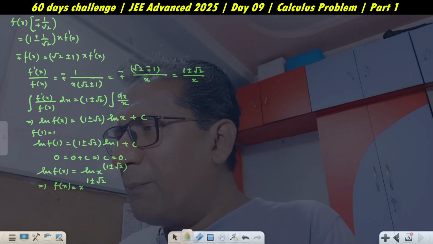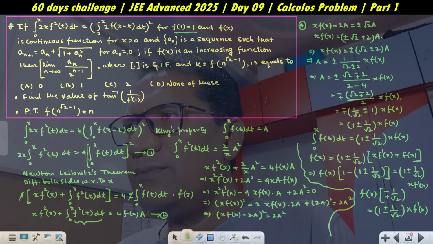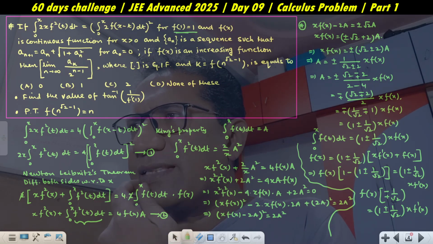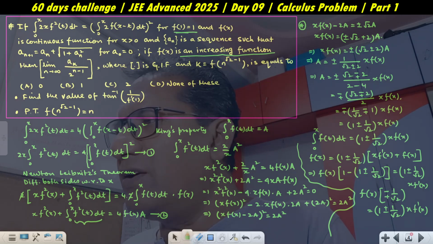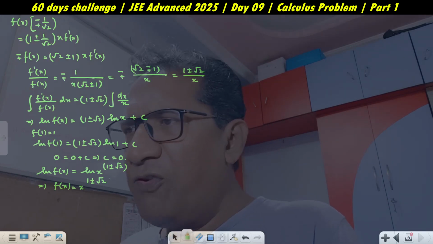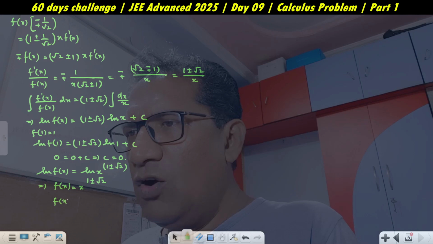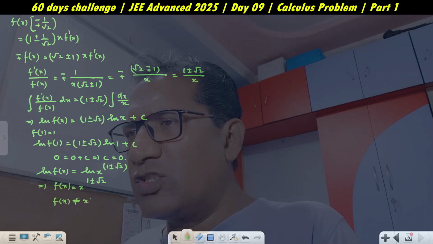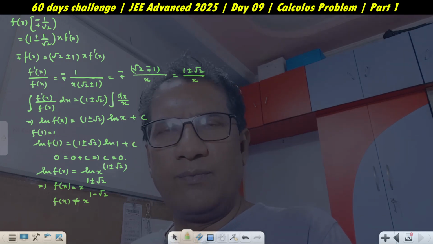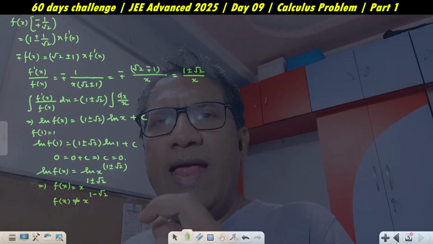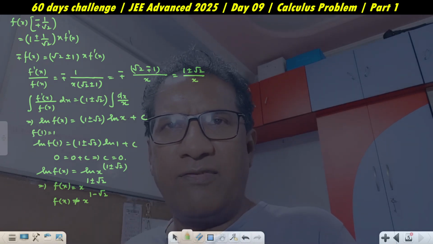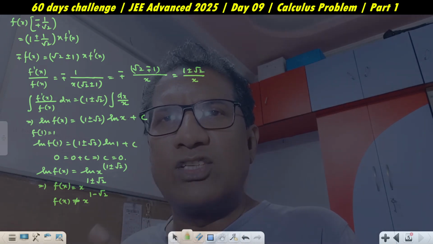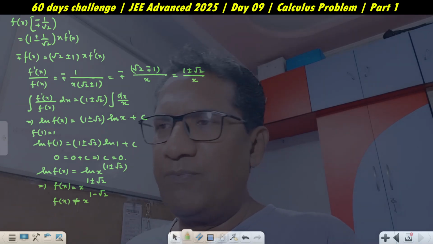But now in the problem they have said that your f(x) is an increasing function. Therefore, your f(x) cannot be equals to x to the power 1 minus root 2. Because when the exponent of x becomes negative, then this function is no more an increasing function.